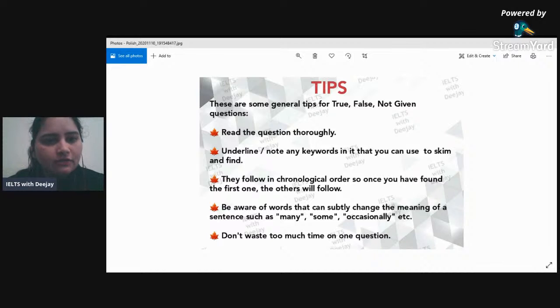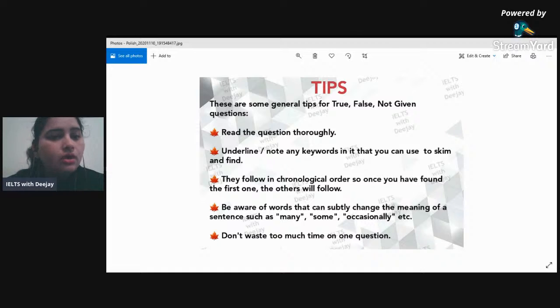And when this kind of difference is there, the answer is going to be different. You can't mark it true just after reading the words, because I told you not to match the words. Words are definitely going to match, but you have to match the information, you have to match the meaning. Just be careful about this.